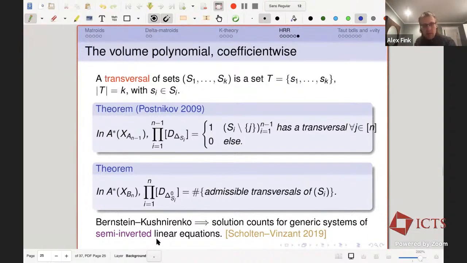These are semi-inverted linear equations, which were studied in this paper of Schulte and Vincent in 2019. So we can give a count of the number of solutions for a generic system of these semi-inverted linear equations.